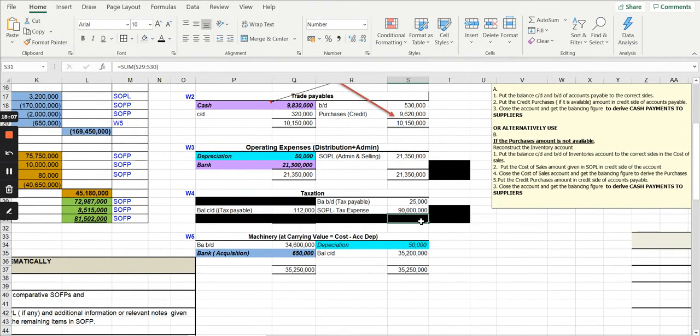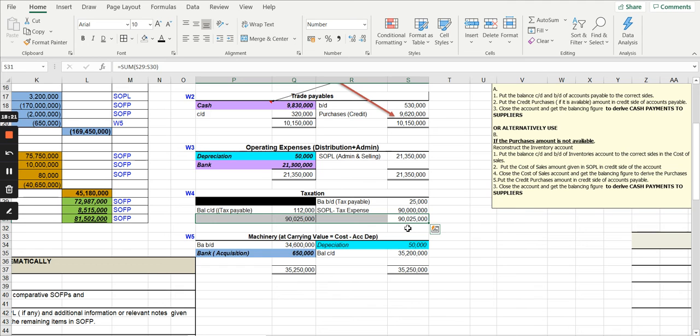So you total this figure up, and you will get the total to be 90.025 million. The missing or balancing figure is your tax paid, which is 89,913.